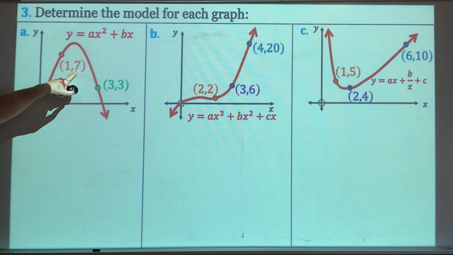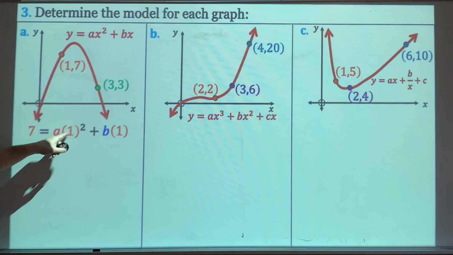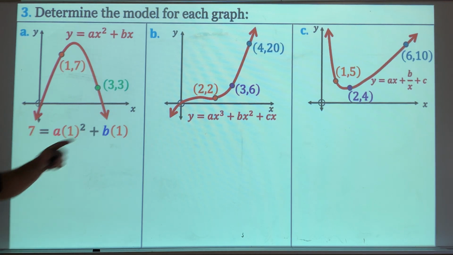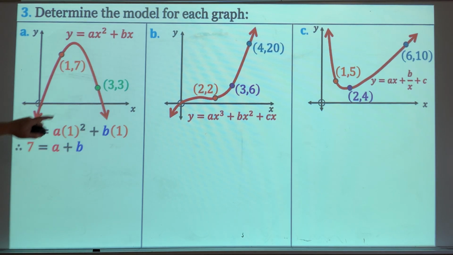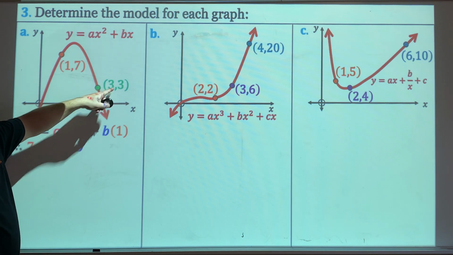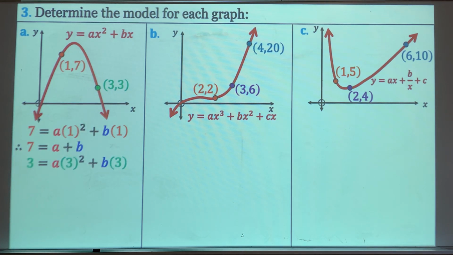X, Y. So 7 equals A times 1 squared plus B times 1. 1 and 1, so 7 equals A plus B. 3 equals A times 3 squared plus B times 3. 3 squared is 9. 3 equals 9A plus 3B. These right here are my two equations.